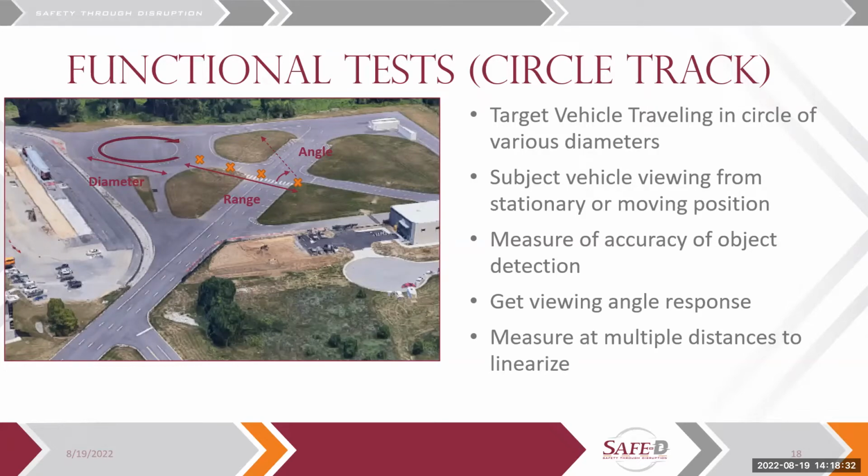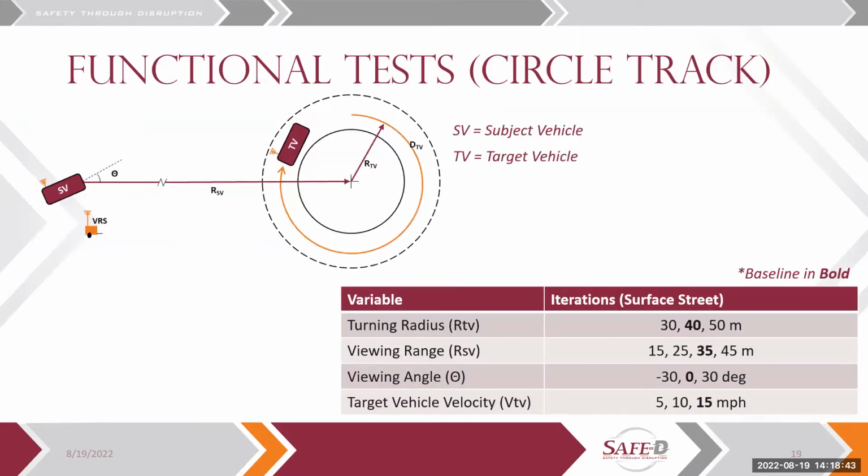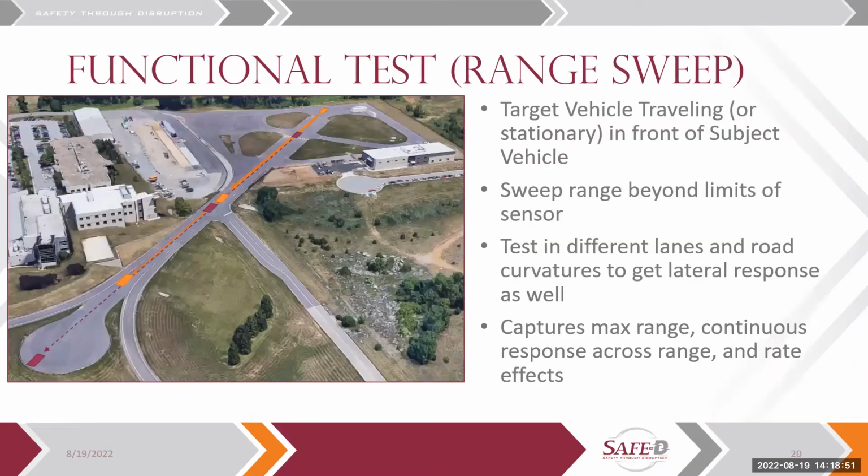And then you're able to measure the response of the object at various different viewing angles and distances. So here you can see the parameterized version of the circle track test.